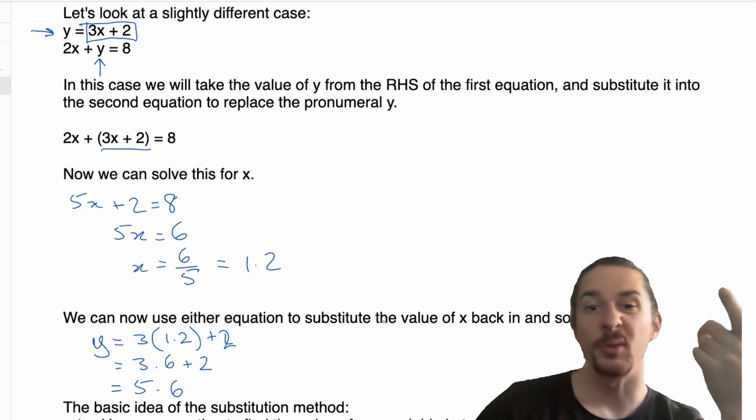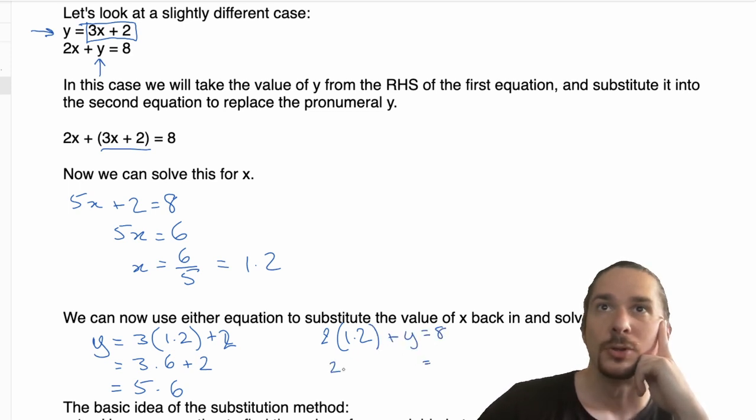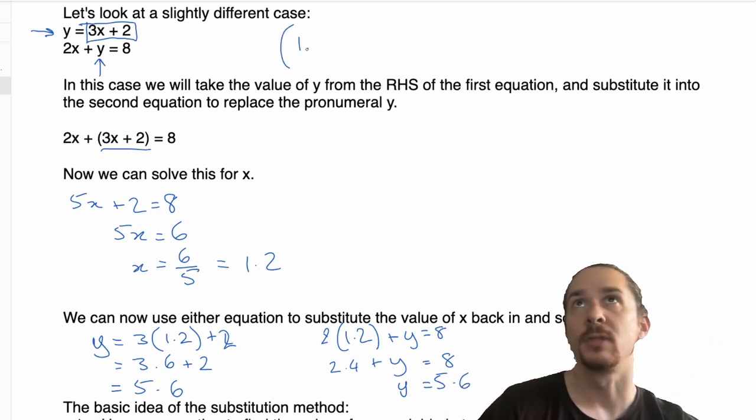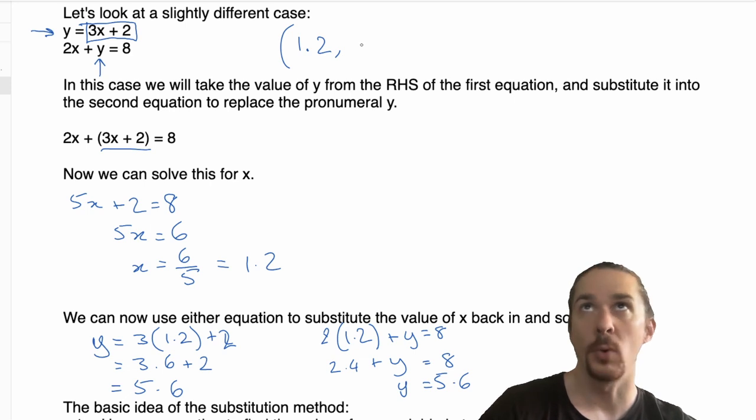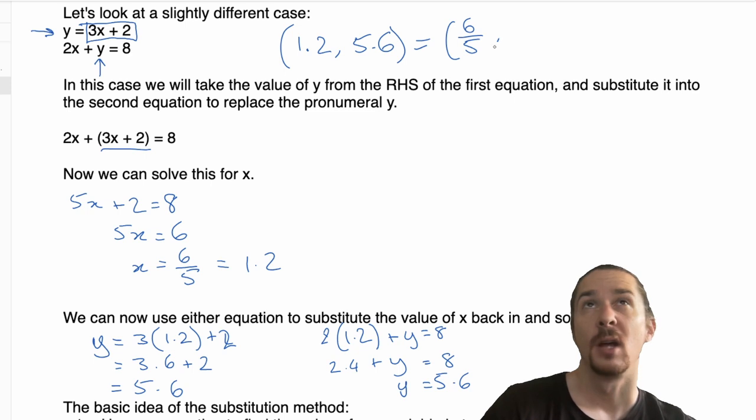If we use the other equation to substitute in, we would say 2 times 1.2 plus y equals 8, or 2.4 plus y equals 8, or y equals 5.6. Again, we get the same answer. This means that the solution for these simultaneous equations was the point 1.2, comma, 5.6. Or I prefer to write them as fractions personally, so I would say 6 over 5, comma, 28 over 5.